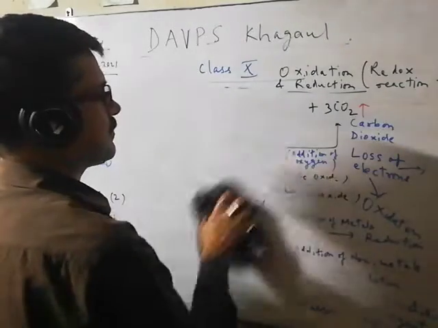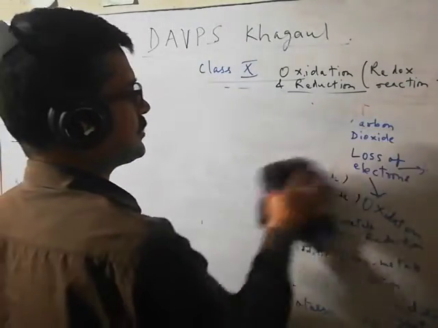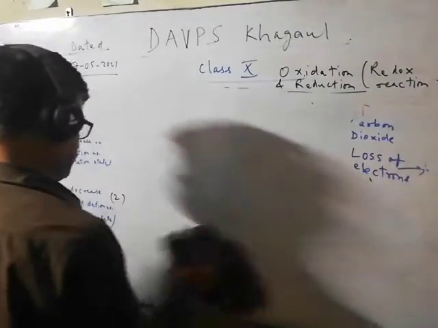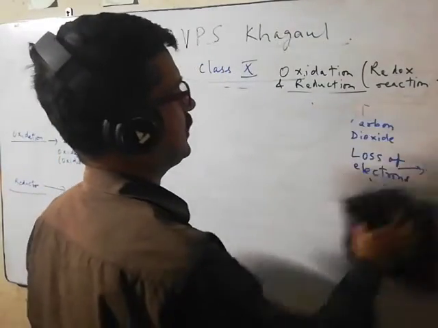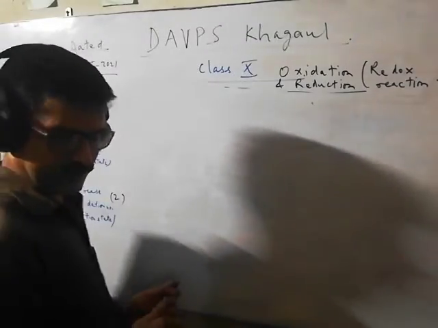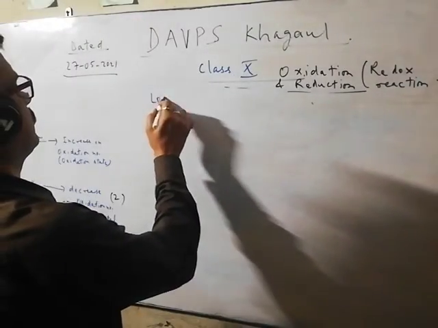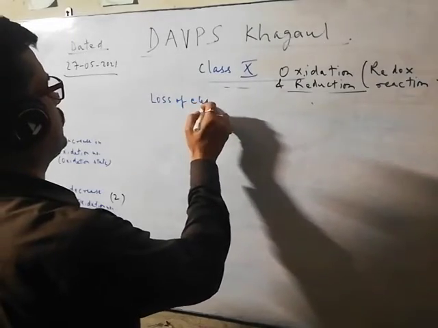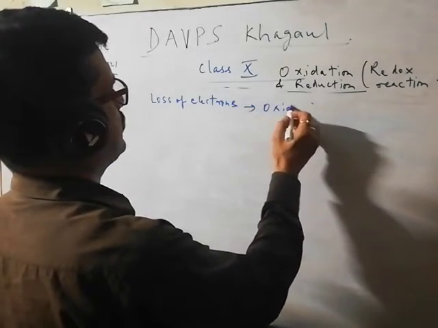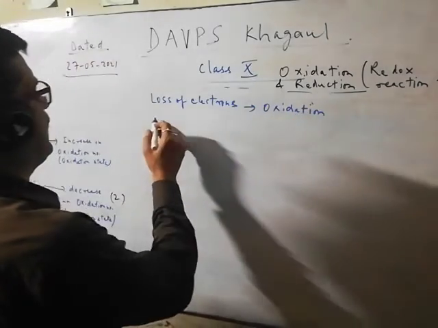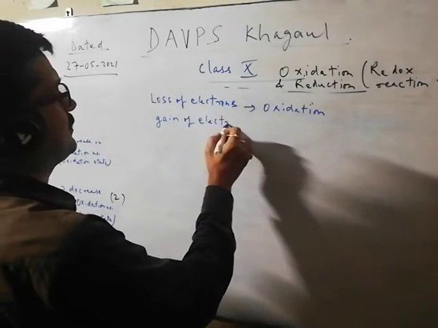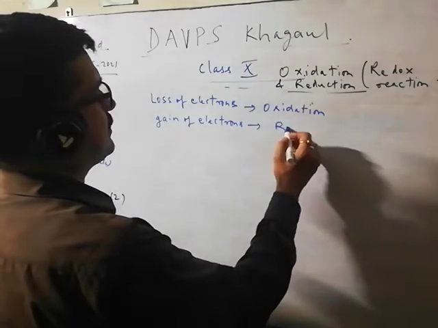Last point you should remember: loss of electrons is oxidation, and gain of electrons is reduction.